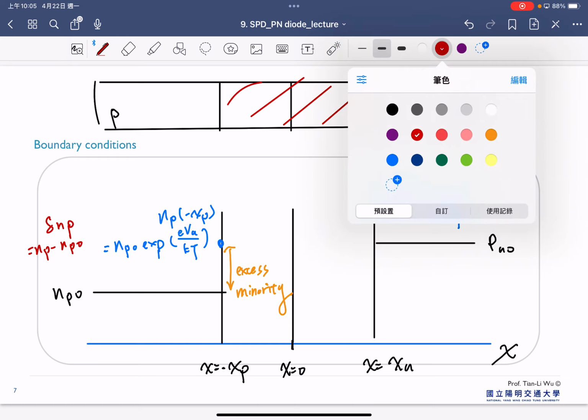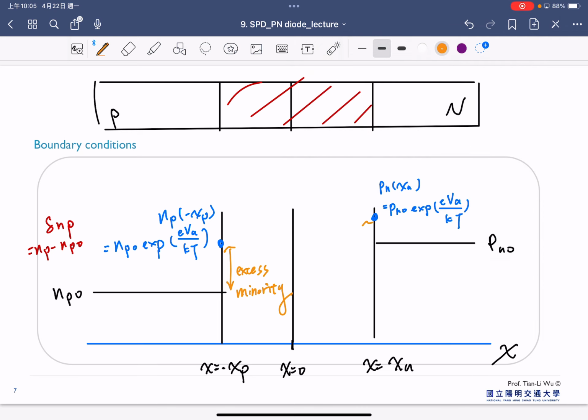So this is also the excess minority carrier, and it will be equal to PN minus PN0 here.